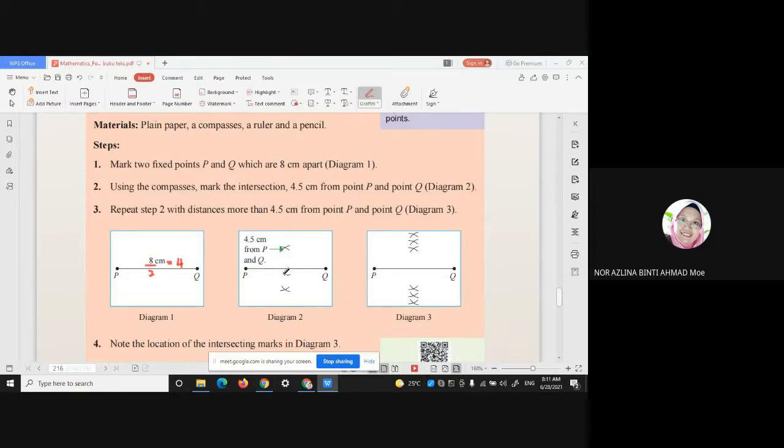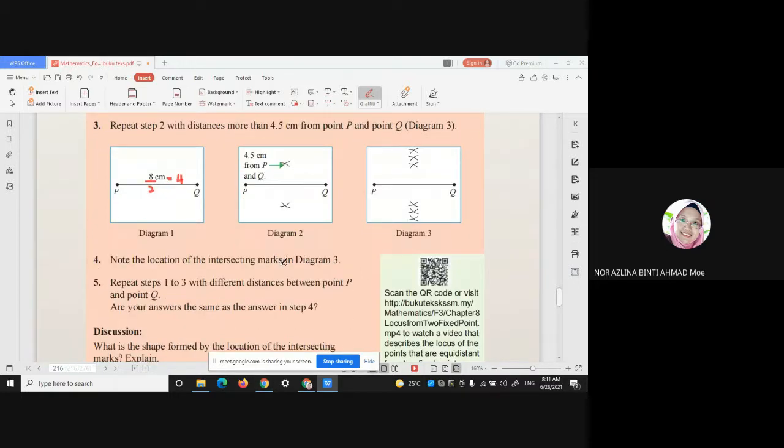So we draw the straight line using a ruler. So this is the locus.